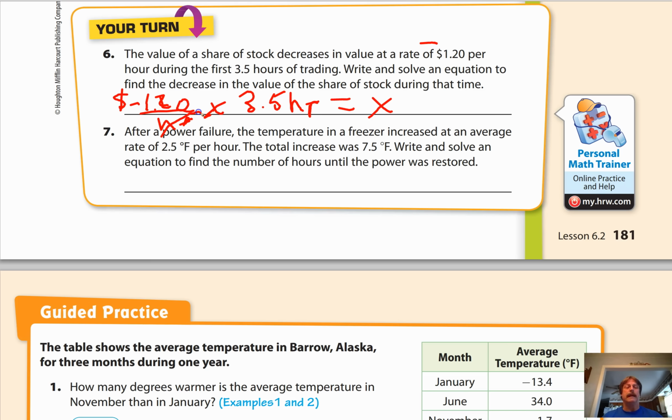My hours are going to cancel out, and I would take the $1.20 times the 3.5. I got a negative times a positive, and that's going to end up equaling negative $4.20 over that 3.5 hour time period.